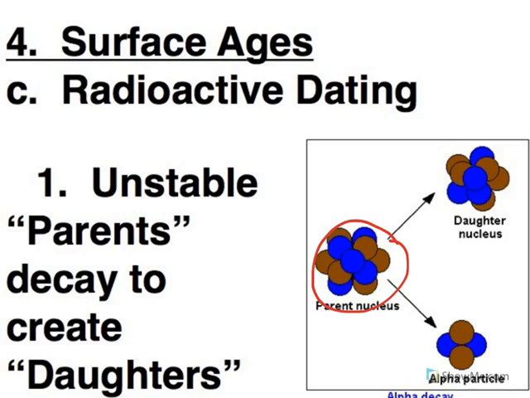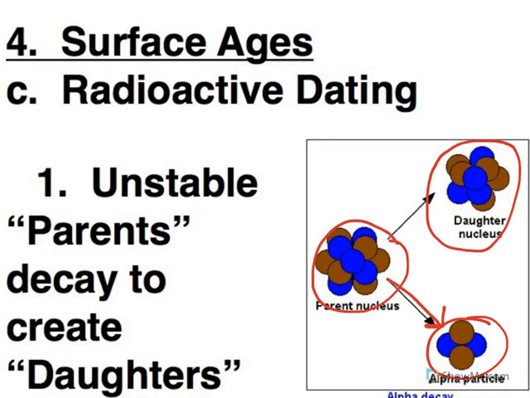And when it decays, there are different ways of decaying, but what this picture illustrates is the nucleus spitting out 2 protons and 2 neutrons. And so what you're left with is a brand new element. It's got a different number of protons and neutrons in the nucleus, so it is a different element. And what it turns into is something that is stable. And again, the terminology is it's called a daughter.